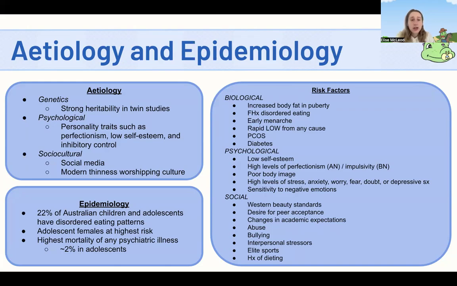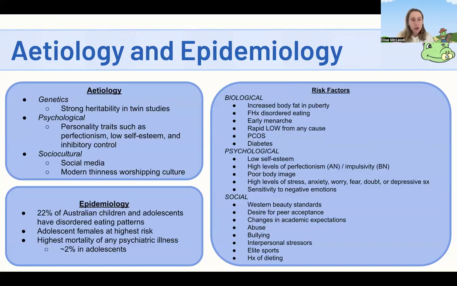So if we look at the etiology, studies have shown that there's strong heritability in twins, and those with personality traits like perfectionism, low self-esteem, and inhibitory control can be more prone. And also this social media epidemic and thinness worshipping culture can also be implicated.